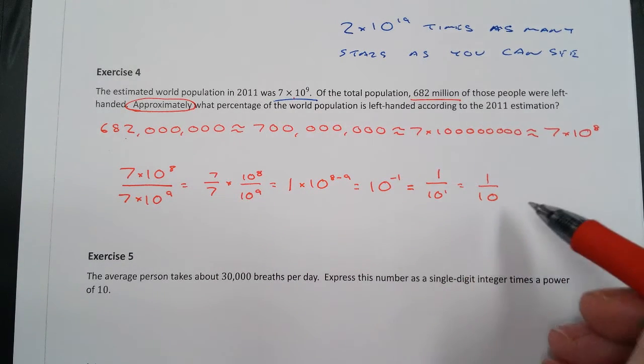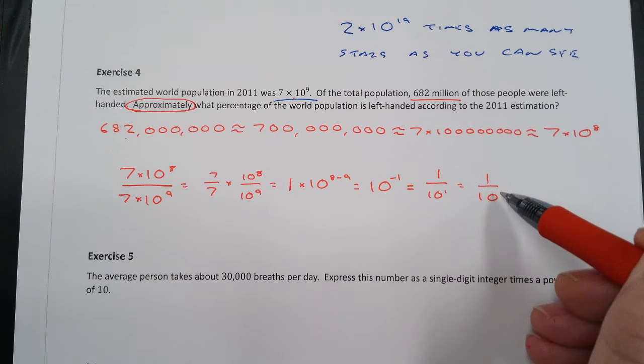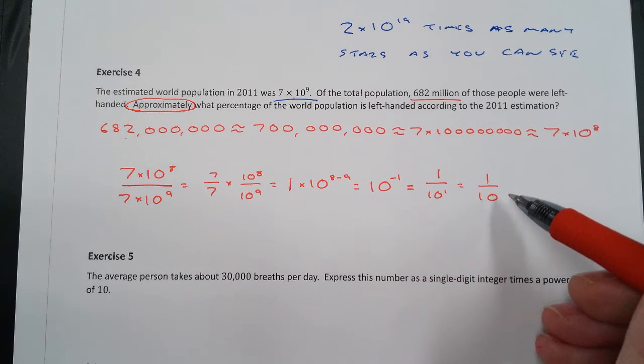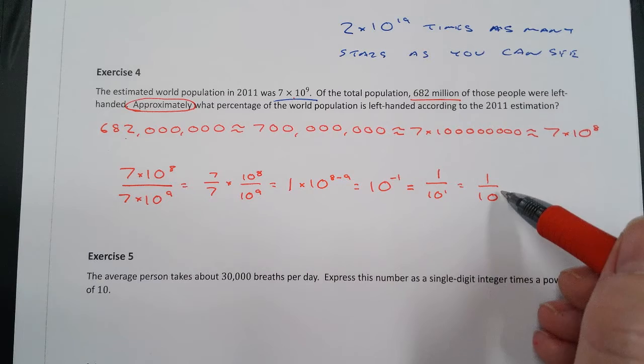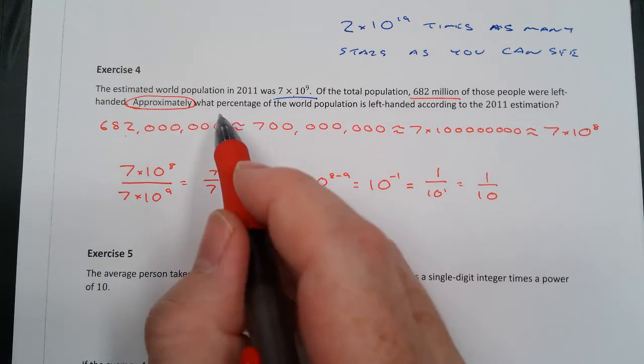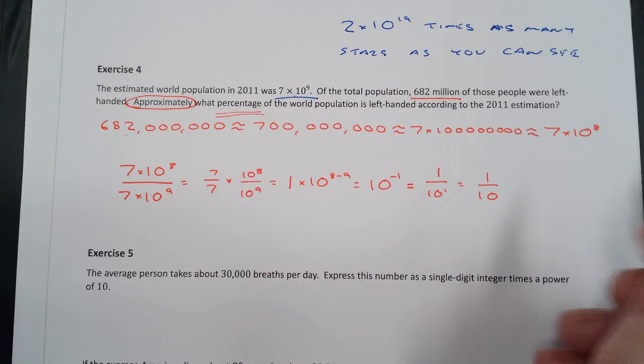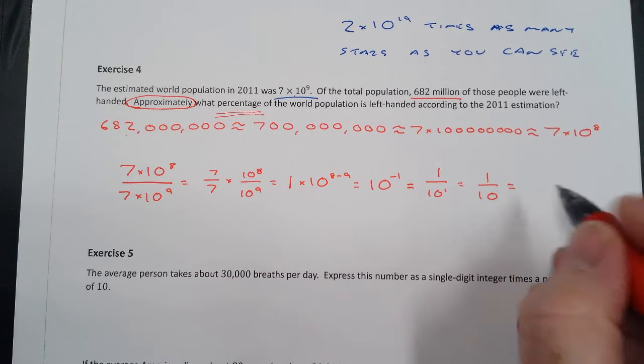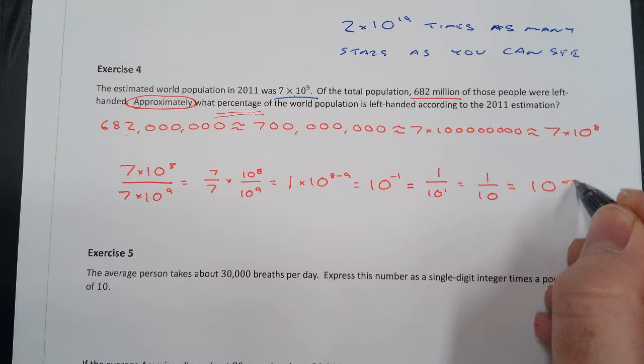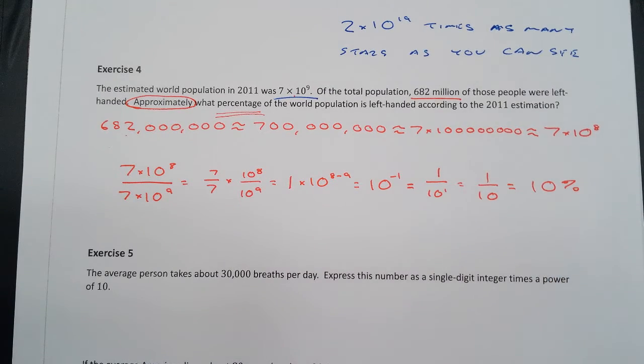So 1/10 of the world's population is left-handed. That is a fine answer, except for it did not ask for what fraction of the world is left-handed. It asked for what percentage is left-handed. Well, 1/10 turns into 10%. Hopefully you remember your percentages from 7th grade.